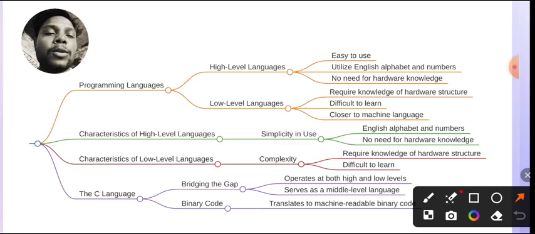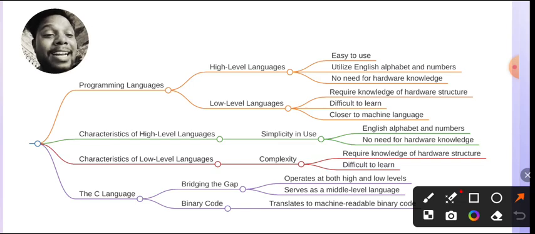Because if you want to do any work from a machine, you need to give instructions in its language, machine language. But you cannot understand machine language, and the machine cannot understand high level or human language. So such a gap is filled by C language.